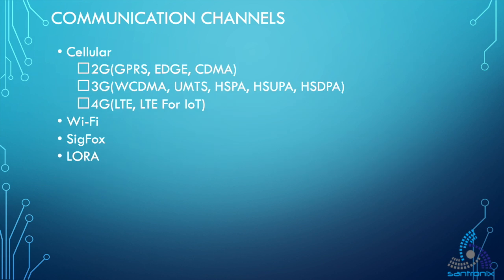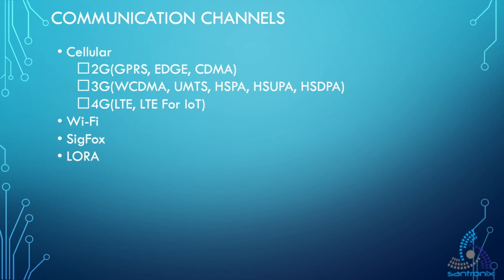So in the communication channels, when we talk about communication channels, we will cover these four most widely used communication channels. The first one is cellular. Cellular has been there since olden days, with the introduction of mobile phones.